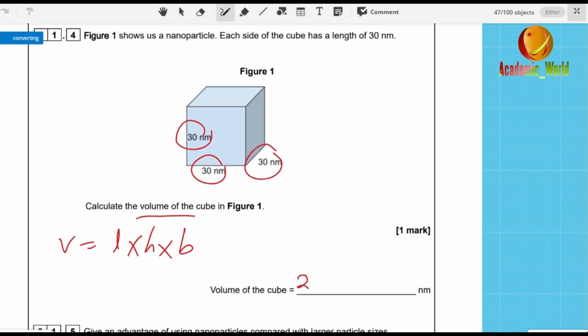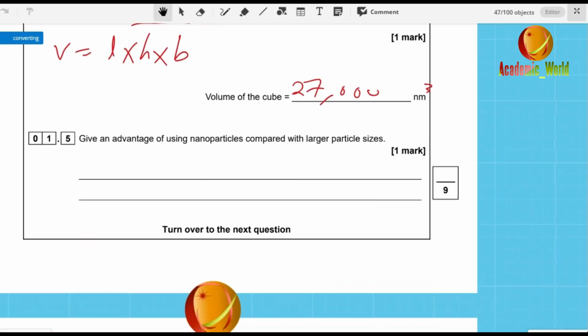So it will give us 3 times 3 times 3, 27, and here we have 3 zeros, so it means that it will be 27,000, and here it will be nanometer cubed. Okay, because always remember that the volume is in cube.